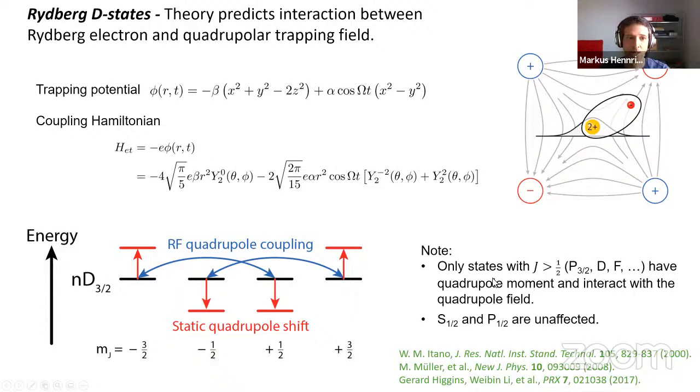The theory behind that is that you have a trapping potential confining your ion inside the ion trap, which consists of an oscillating term. This oscillating term is applied to the blade electrodes in our system and generates the quadrupole here in X and Y direction.